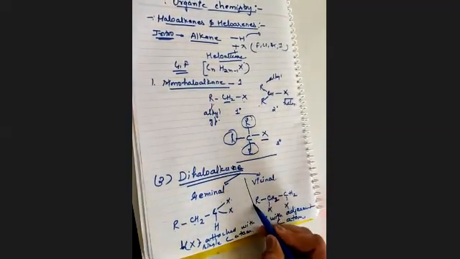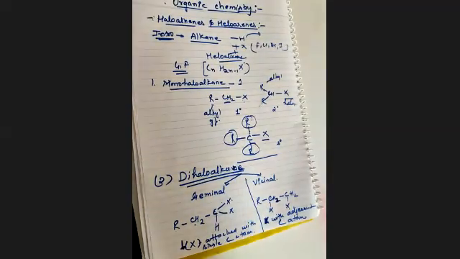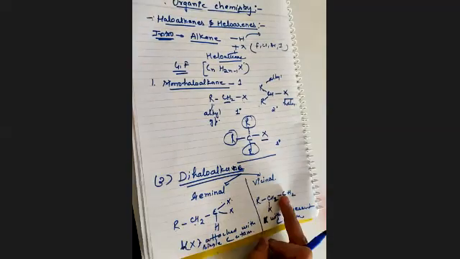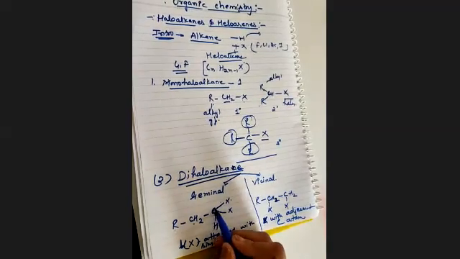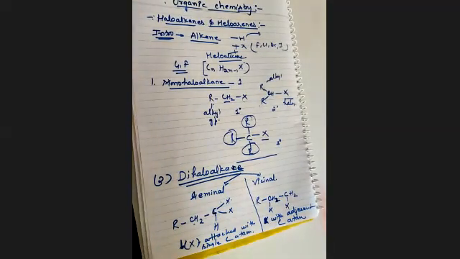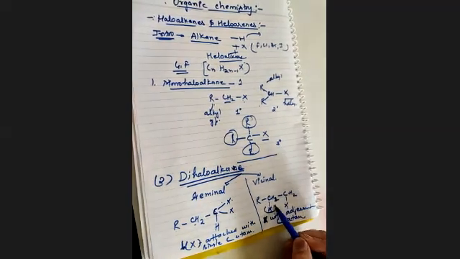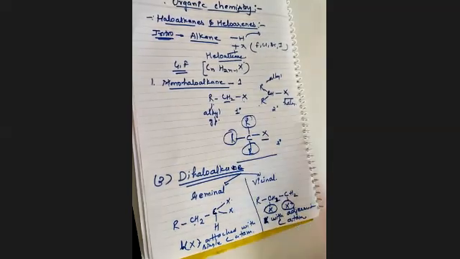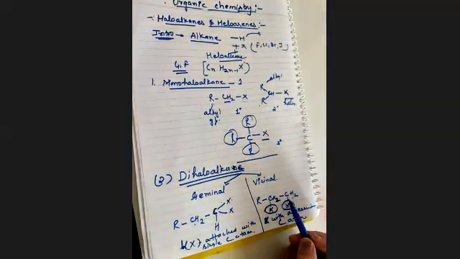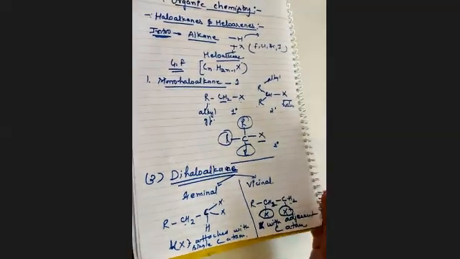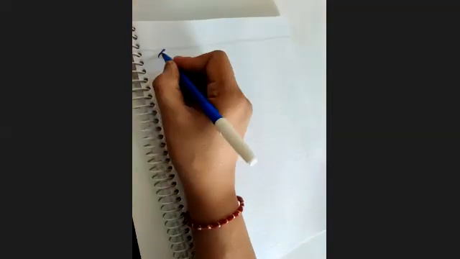On the basis of this, you can differentiate between both types of haloalkanes, geminal and vicinal. In geminal, both the halogens are attached with a single carbon atom. Only one carbon atom will be considered as the main carbon atom. But if we talk about vicinal, both the halogen groups, this and this, will attach to adjacent carbon atoms. It means no matter how long your main chain is, the main point is they both attach with adjacent carbon atoms. All right. Okay. So let us talk about trihaloalkanes.